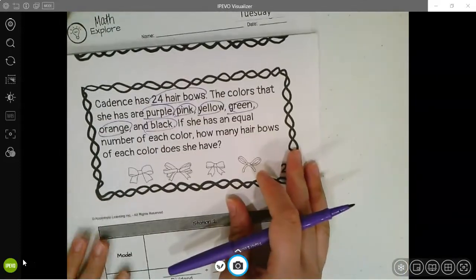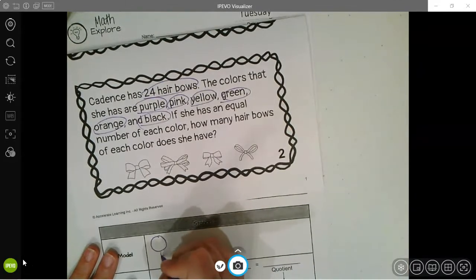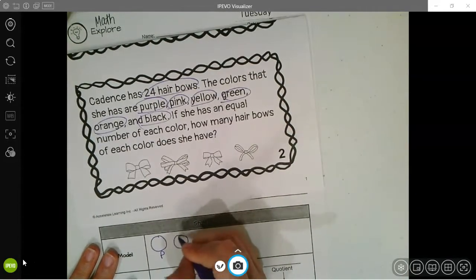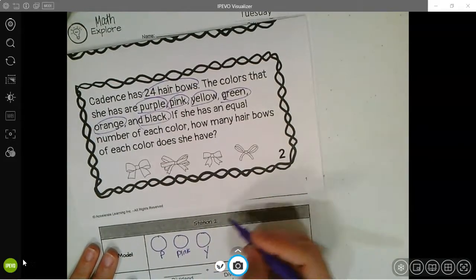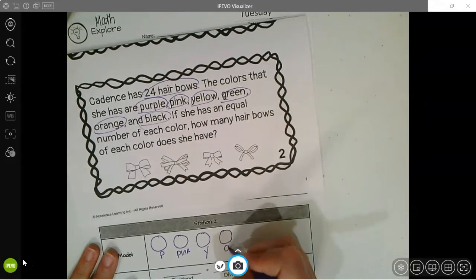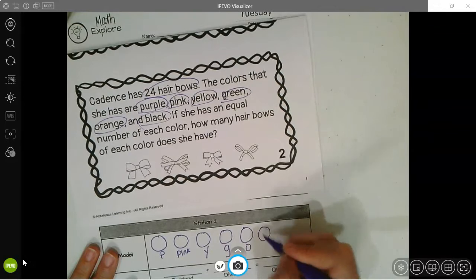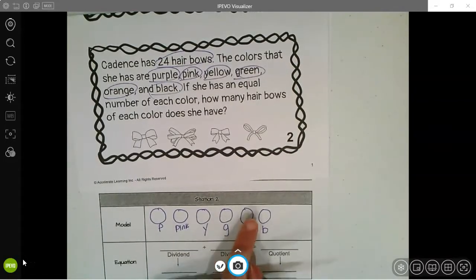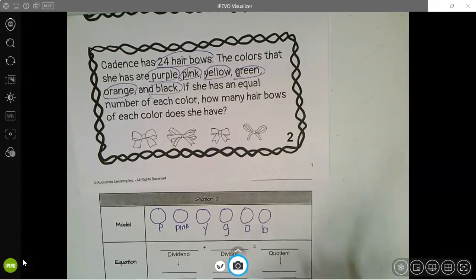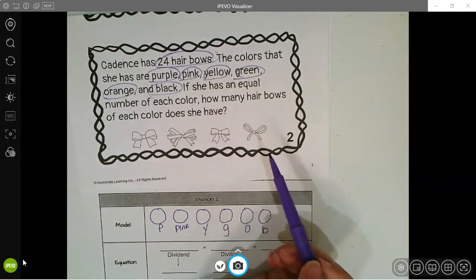So I'm going to make our colors our groups. So I have purple, I have pink, I have yellow, I have green, I have orange, and I have black. So we have 6 colors. And I'm going to take 24 bows and divide them into each color.